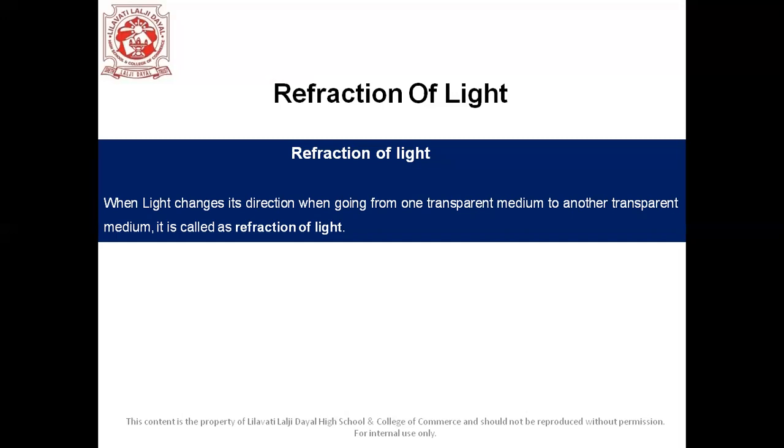The velocity of light can't be the same all the time, because due to the interaction between the light and the particles of the medium, the velocity of light is never the same. So what is refraction of light in simple terms? When light changes its direction while going from one transparent medium to another transparent medium, it is called refraction of light.